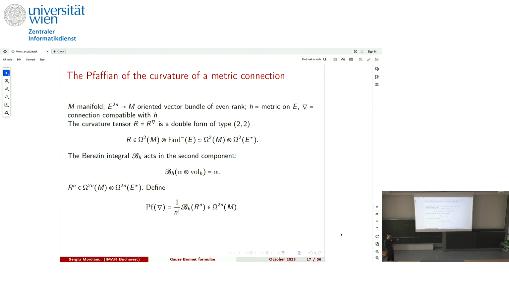It's not an endomorphism on E anymore, it is a form on E. We define the Pfaffian of the connection by taking the top power of the curvature, which is of degree 2n, 2n, and then dividing by the volume form in the fibers, which is this Berezin integral. It's invariantly defined. You can give local formulas if you want.